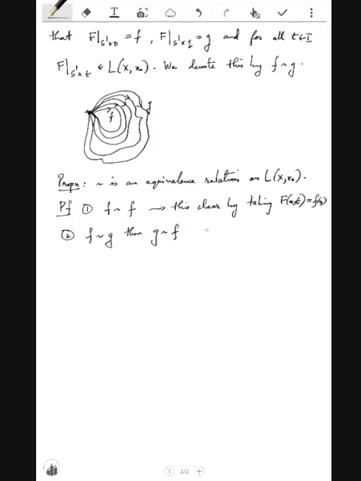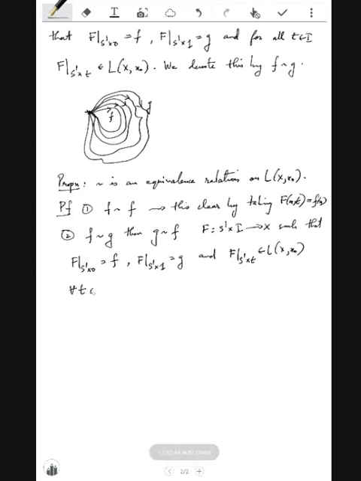So for this, suppose we are given F from S1 cross I to x such that these three conditions are satisfied, and F restricted to S1 cross t is a loop for all t, then define G from S1 cross I to x by G of x comma t is equal to F of x comma 1 minus t.